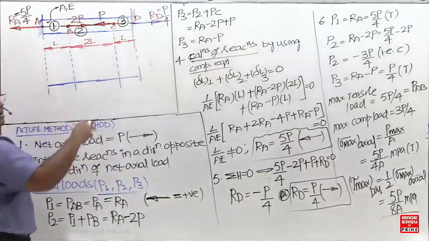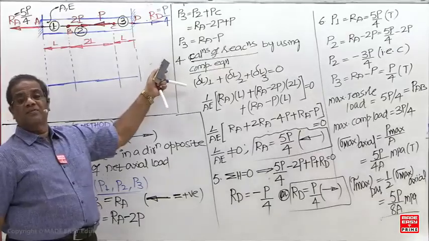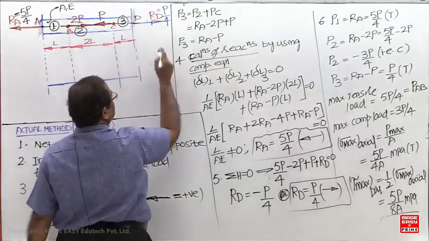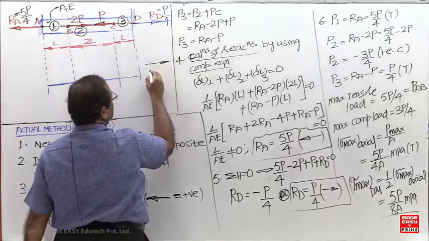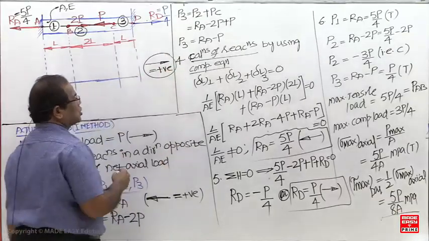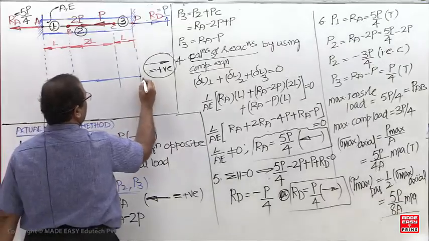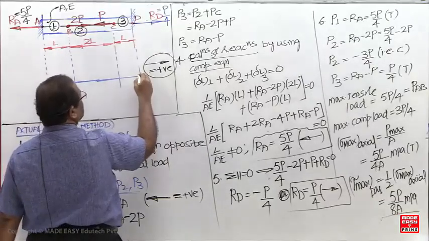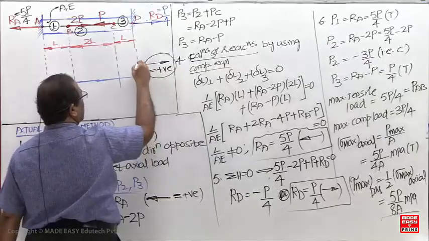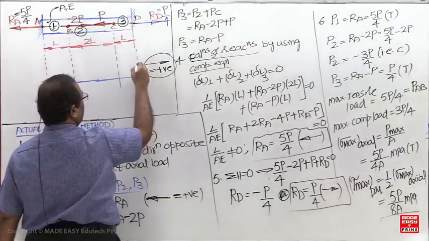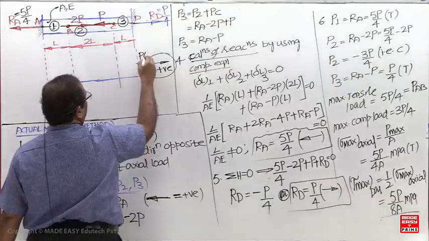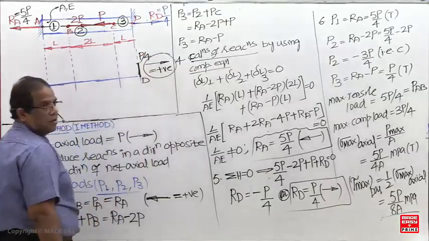I'm starting from the right side, whereas so far you were starting from the left side. Now this is tensile, so this direction should be positive. Positive means this load is how much now? P by 4. And what is the next step?